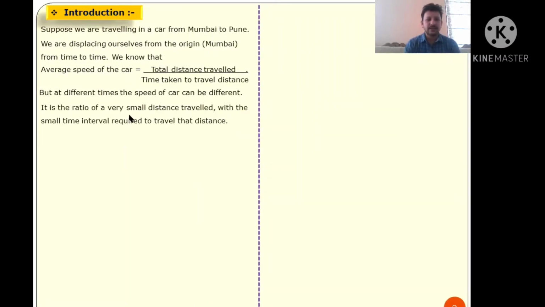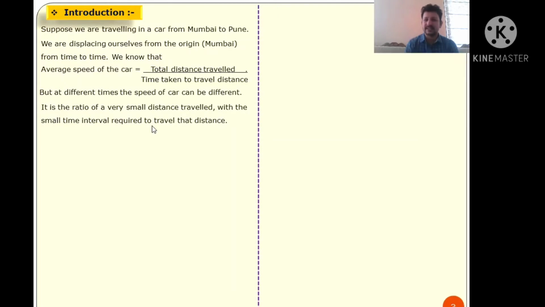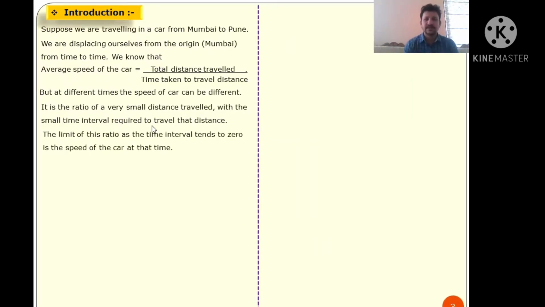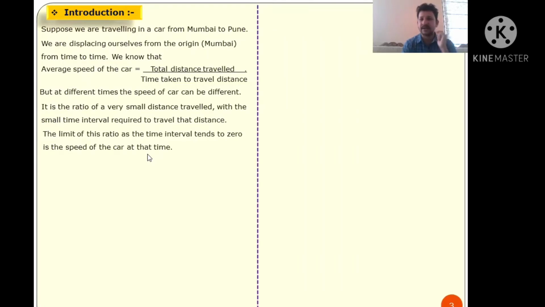It is the ratio of a very small distance traveled to the small time interval required to travel that distance. The limit of this ratio as the time interval tends to 0 is the speed of the car at that particular time.